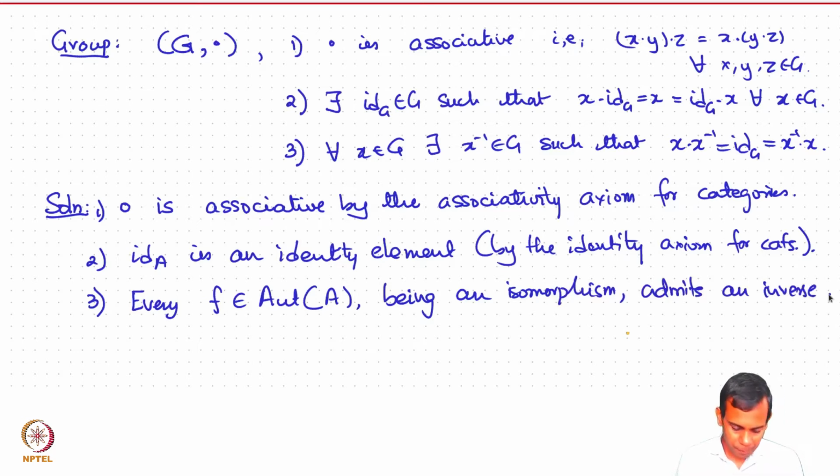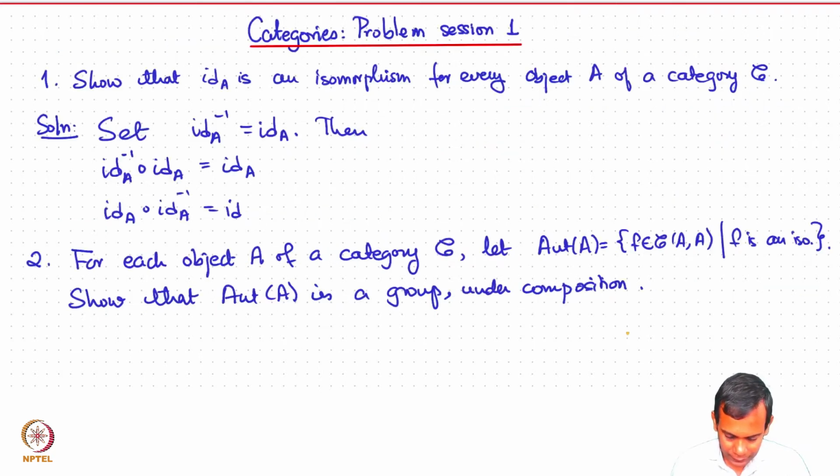So that's it. The two axioms of associativity and identity follow from the axioms of a category, and the third axiom of inverse just comes from this definition of Aut A.